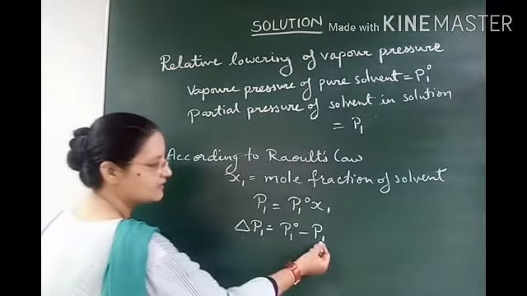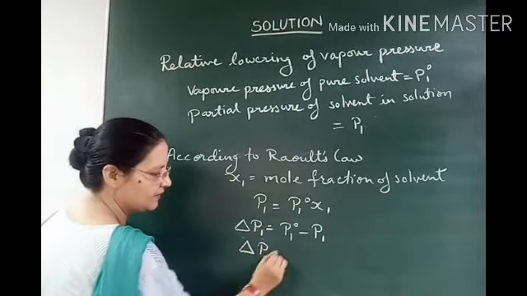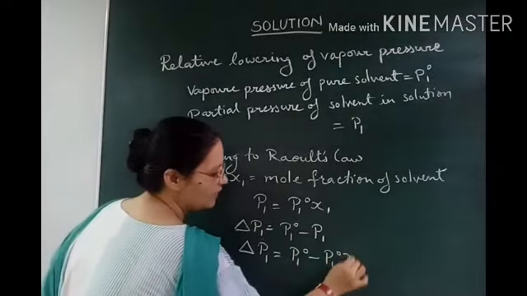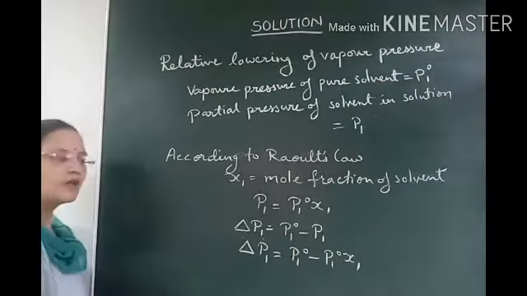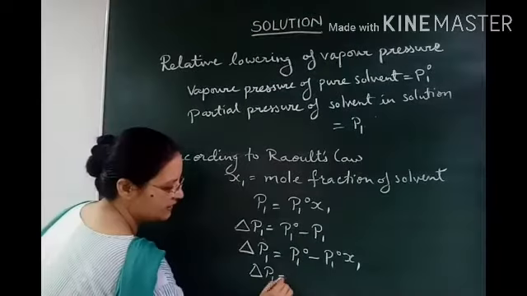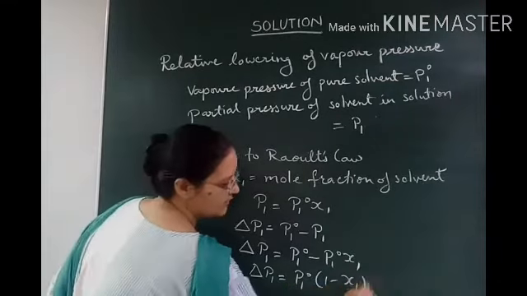So we can place the value of P1 over here. Delta P1 is equal to P1 naught minus P1 naught X1. By taking common, delta P1 is equal to P1 naught (1 minus X1).